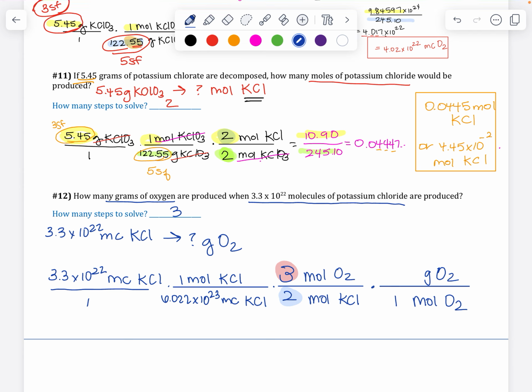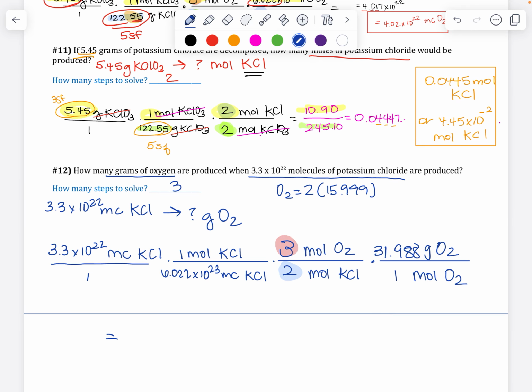Remember, oxygen is diatomic, and so we're going to have 2 times that 15.999 from our periodic table in order to get the molar mass. And then plugging that in, 31.998 into the numerator. Now that I have my setup, I can go through and do my math.